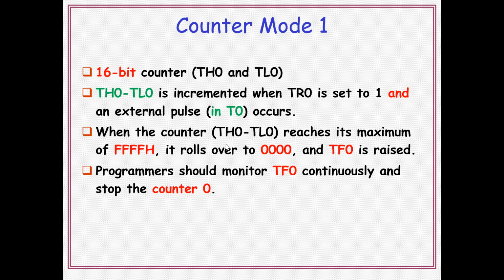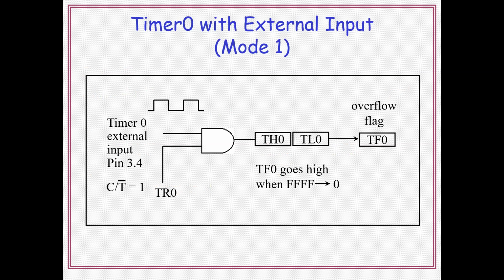When the counter reaches its maximum value, which for 16 bits is FFFFH, it rolls over to 0000 and generates an overflow flag. If it is timer 0, it generates the timer 0 overflow flag TF0. If it is timer 1, it generates the TF1 overflow flag. The programmer should monitor TF0 continuously and stop the counter, because the flags are always set by hardware and cleared by software.